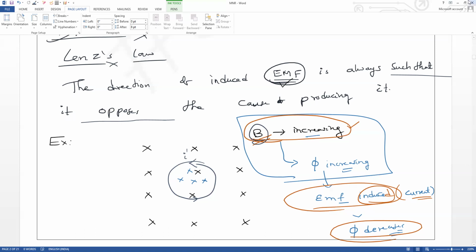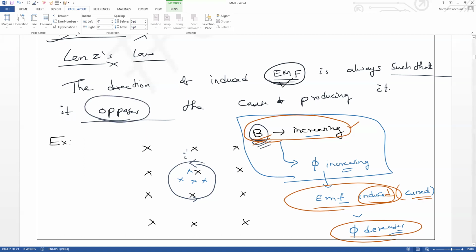The direction of induced EMF is always such that it opposes the cause of producing it. Suppose the current being produced is clockwise, then the magnetic field is acting in what direction? Into the page, the same direction as B, which means it is going to increase. But here it is acting opposite, decreasing.